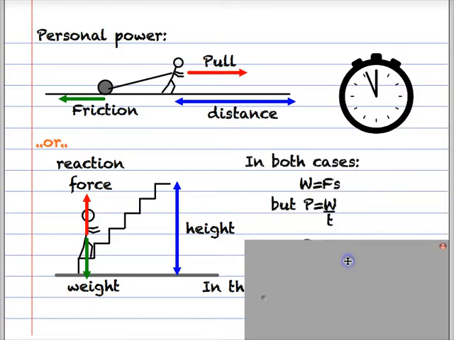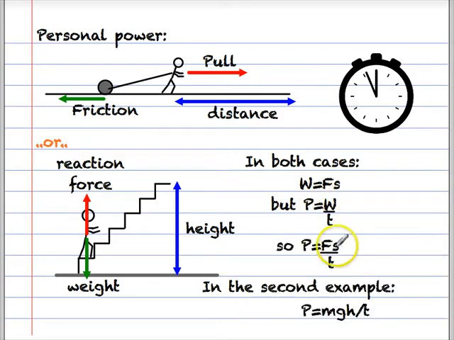Now in both of these cases, work done is force times distance moved, and power is work done over time taken. So we have power is force times distance divided by the time taken. In the second example, the force is equal to the weight of the person, and the distance moved is actually the height. So the weight of the person is mg, and the height is h. So in the second example, we could write that as mgh over t.